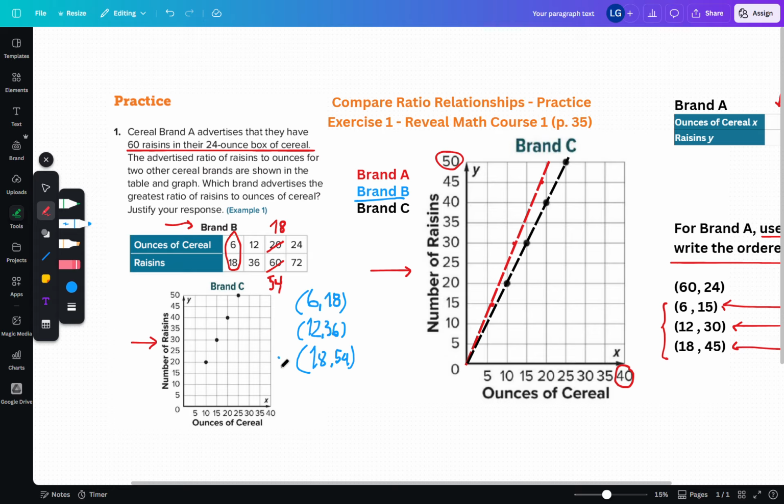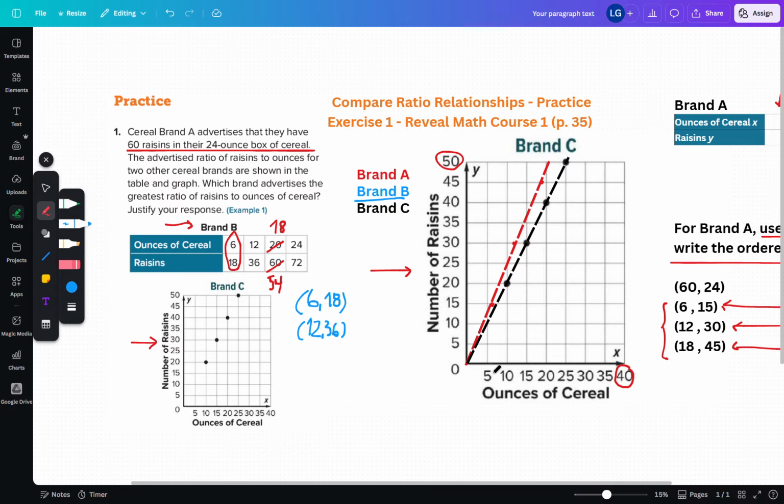But there is a problem with this ratio. 54 is outside. 18, 54 is gonna be outside, so I'm not gonna use this one. Okay, I'm gonna erase it, and I'm gonna graph my representation only using these 2 order pairs.